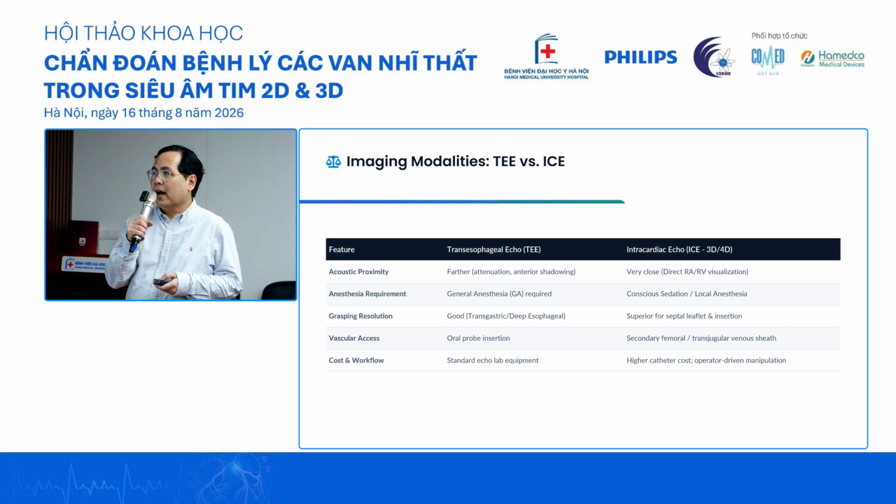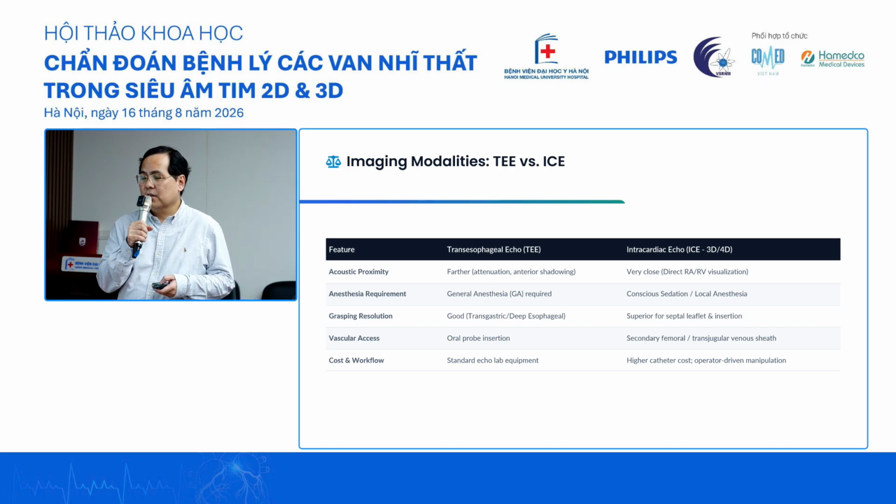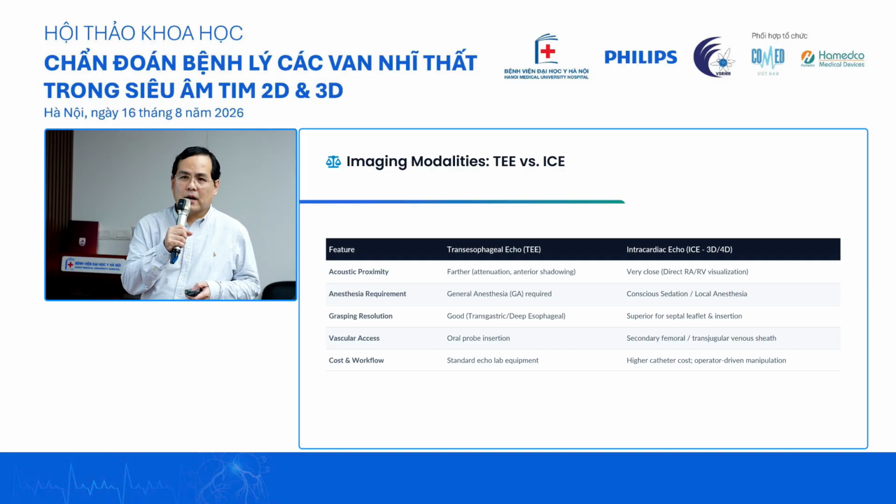Obviously, 2D ICE, 3D ICE, or even 4D ICE, the costs are much higher. So unfortunately, it's not funded by our government. So patients have to pay out of pocket. And then it also comes with a learning curve for the operator. So the more you do, the more you become slicker in terms of doing it.